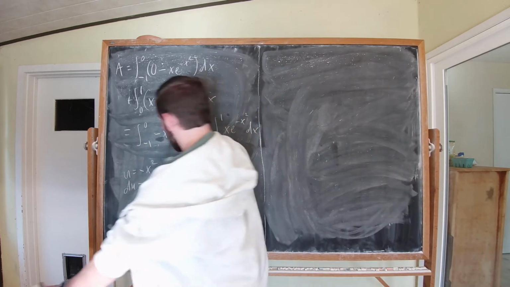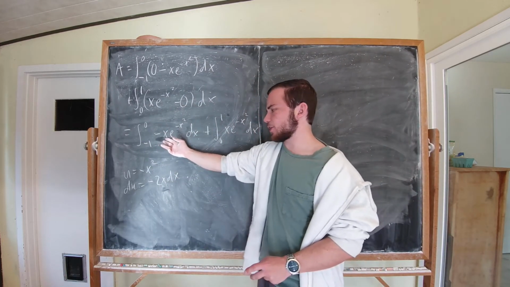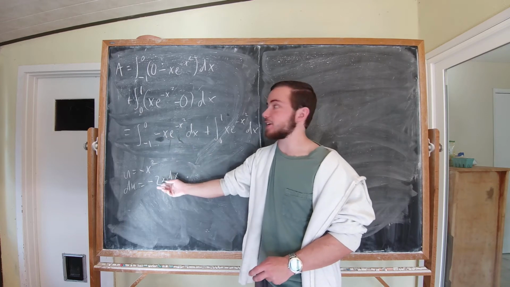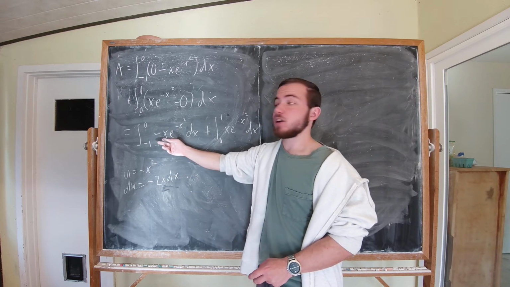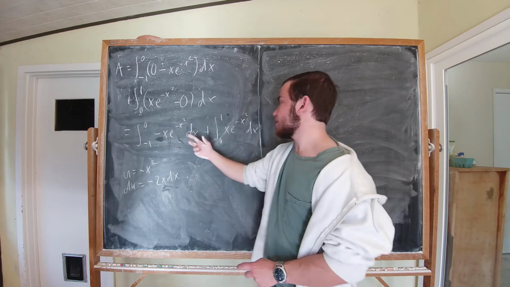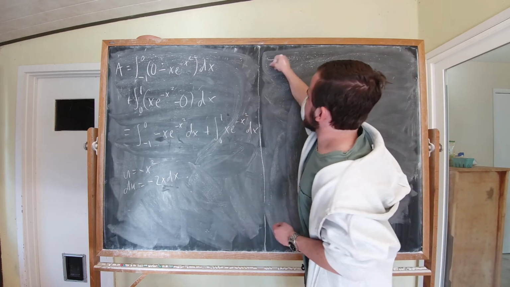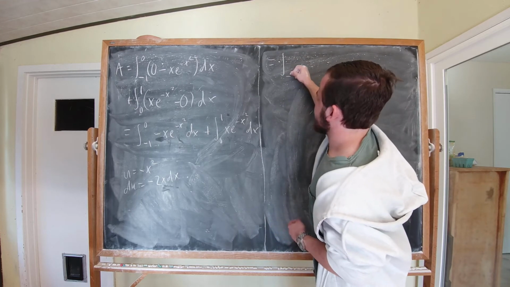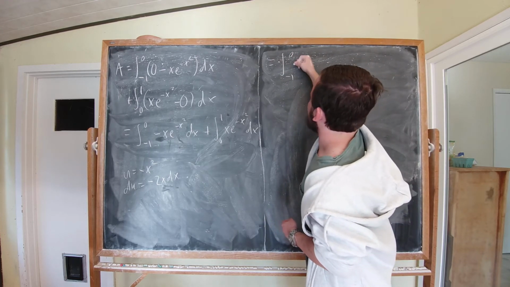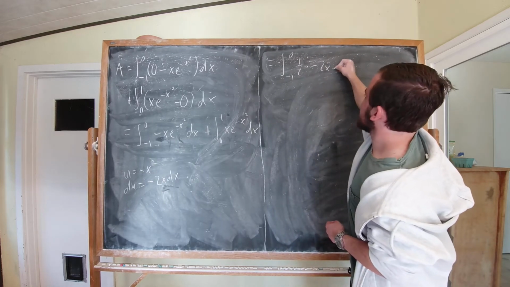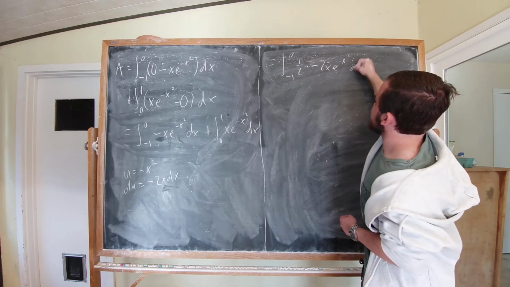And we see here, okay, this one is only off by a factor of positive 2. Since we need a negative 2x dx, we have a negative x dx. So we need to get 2 in here, and here we need to get a negative to it. So this is equal to the integral from negative 1 to 0 of 1/2 times negative 2x e to the negative x squared dx.